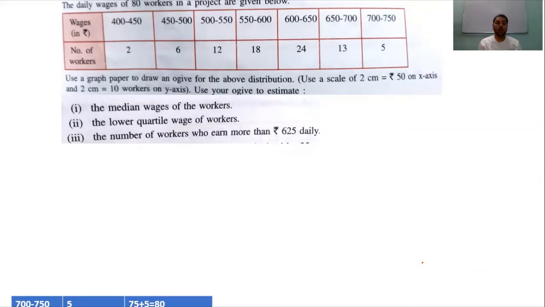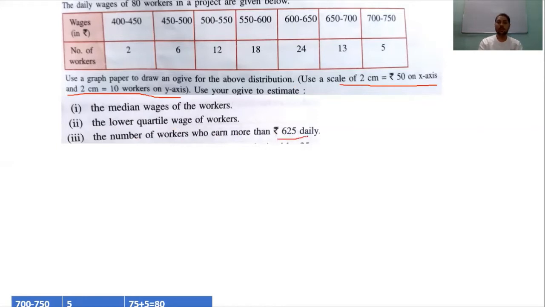As the scale factor or condition is already mentioned in the question, we have to follow the condition which is mentioned in the question. So while we draw the graph, we have to strictly follow the condition given in the question. Then we have to find the median, lower quartile wages, and the number of workers who earn 650 daily.